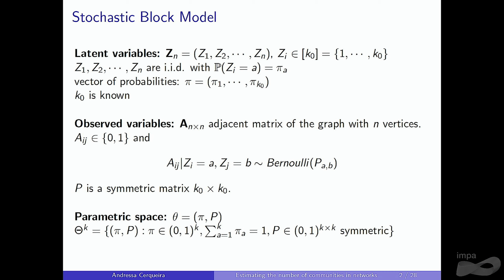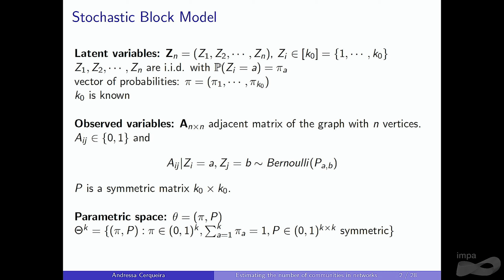The variables that we observe in this model are the edges of the graph, so just the adjacency matrix of the graph. We define each entry of the matrix as follows. Given that node i belongs to community a and node j belongs to community b, the existence of an edge between vertices i and j is distributed as a Bernoulli random variable, where the parameter of the Bernoulli depends on the communities of the nodes.